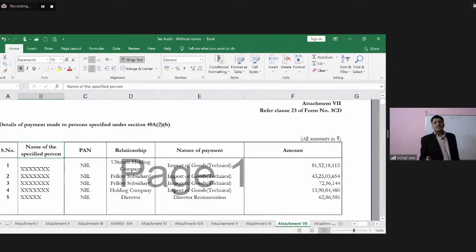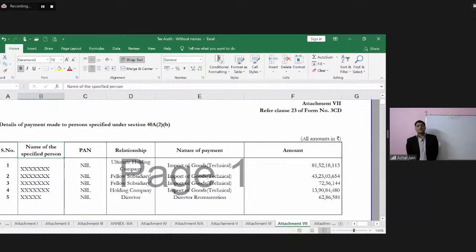In most of the cases, it's about capturing the data from the books of accounts or the financial statements. Similarly, over here, the auditor will look at the related party schedule in the financial statements, the note which captures the information about the related party transactions, related parties' names, and related parties' balances.